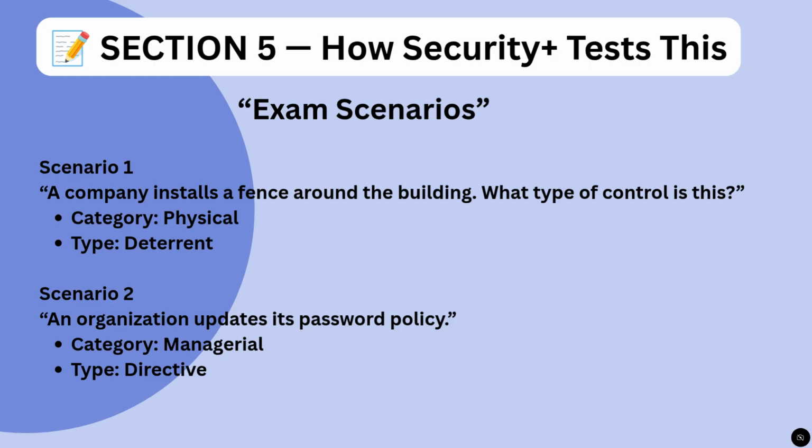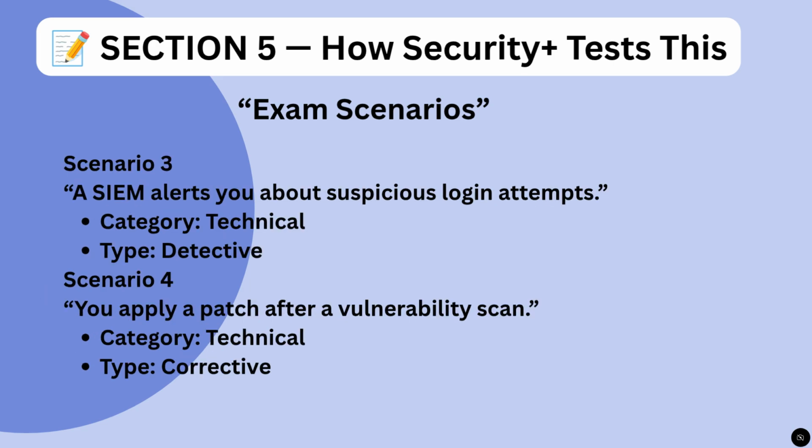This is a managerial control and a directive control. Scenario 3. A security information and event management system alerts you about suspicious login attempts. This is a technical control and a detective control. Scenario 4. You apply a patch after a vulnerability scan. This is a technical control and a corrective control.